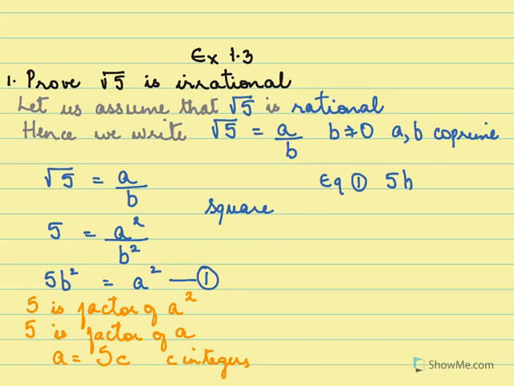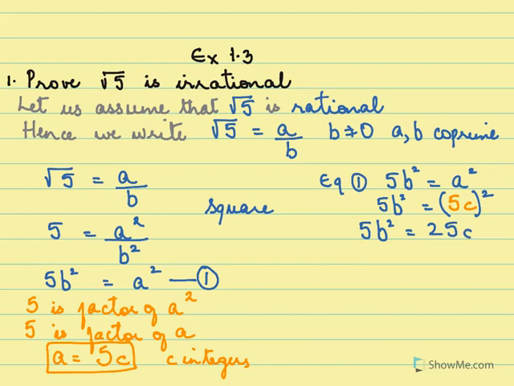Here in equation 1, we know 5b square equal to a square. Here we will put the value of a square. We know the value of a is 5c. So here we will put 5c the whole square. So this is going to become 5b square equal to 25c square. We divide the equation by 5, so we get b square equal to 5c square.